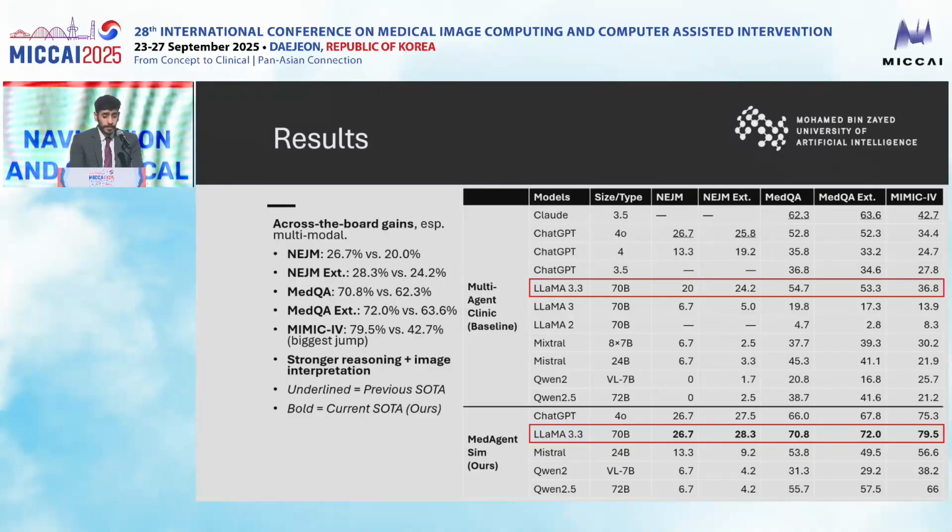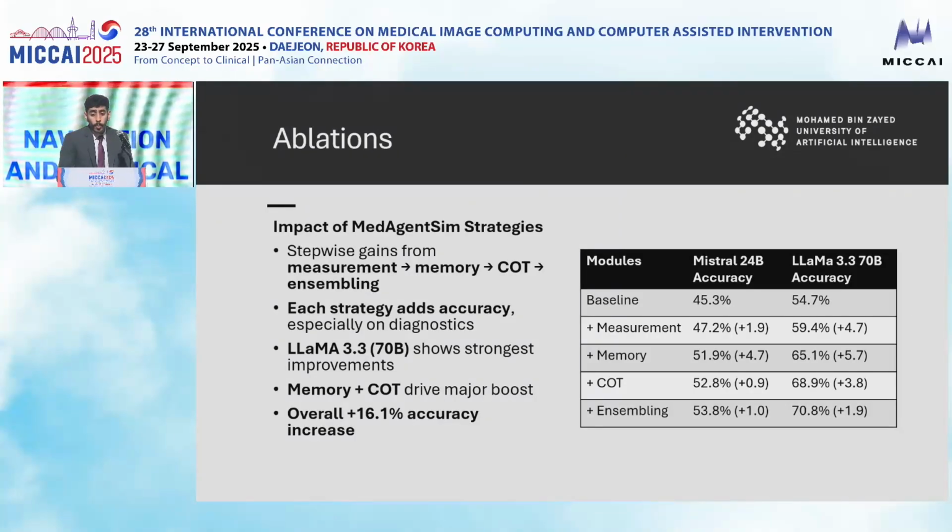We also performed an ablation test where we looked at how each component or reasoning strategy contributes to performance. Starting with measurement requests, we see a modest gain. Adding memory replay on top of that produces a much larger improvement, and incorporating chain of thought reasoning raises the accuracy further.